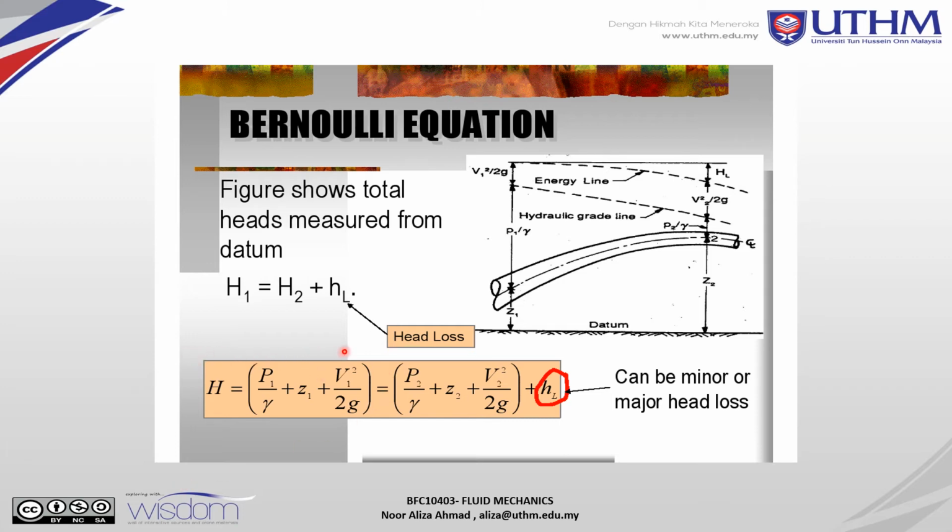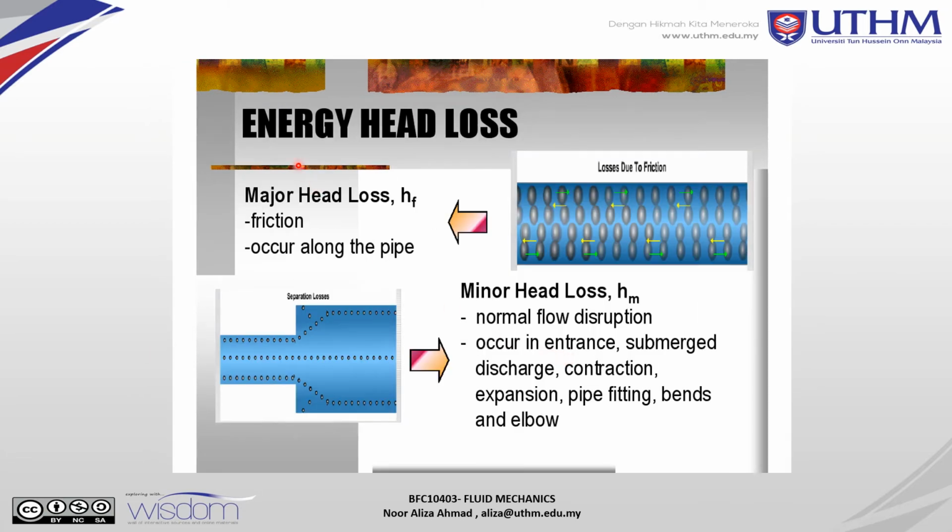The most important equation in this chapter is the Bernoulli equation. The energy head loss can include the major head loss, HF. This is the friction head loss that occurs along the pipe, losses due to friction along the pipe.